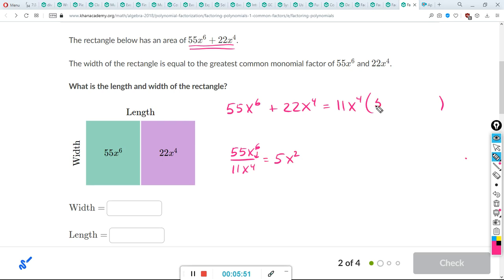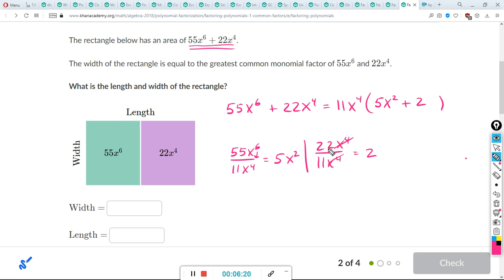So that's a 5x squared right here. And then we can do 22x to the 4th divided by 11x to the 4th. 22 divided by 11 is 2. x to the 4th divided by x to the 4th, that just cancels. So it's just 2.